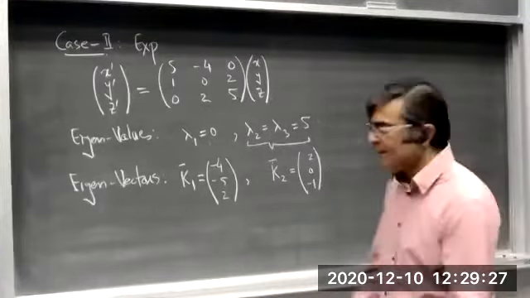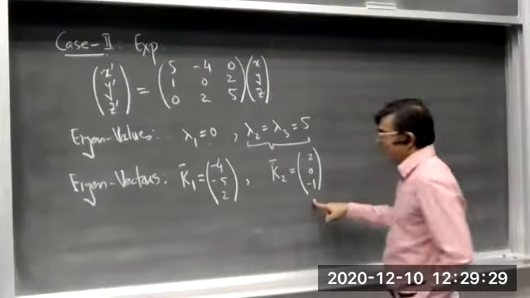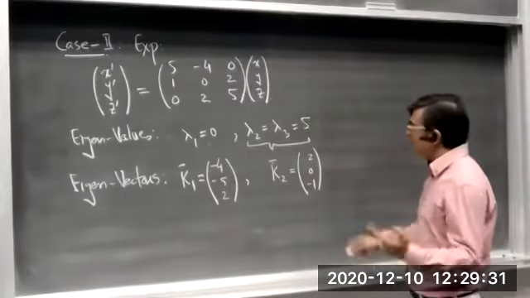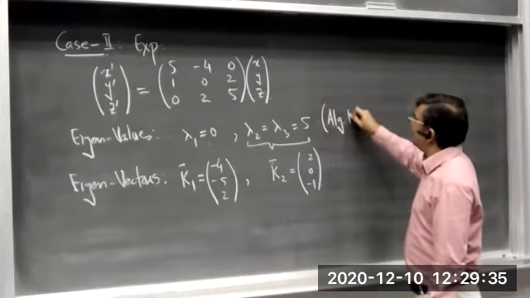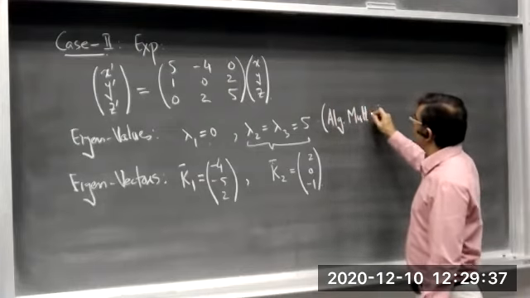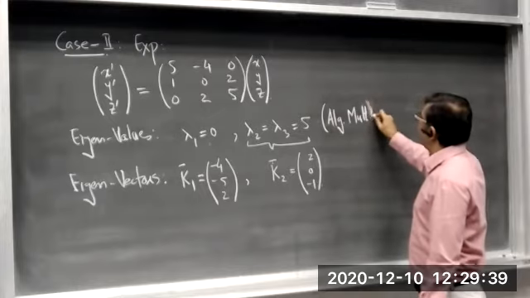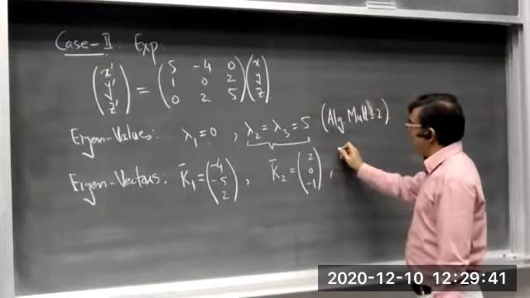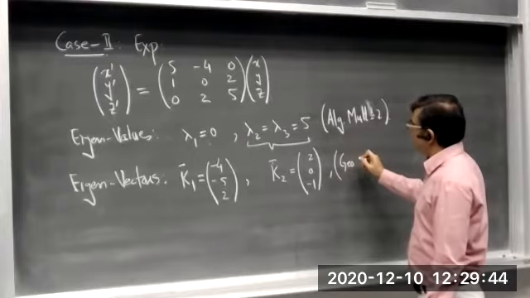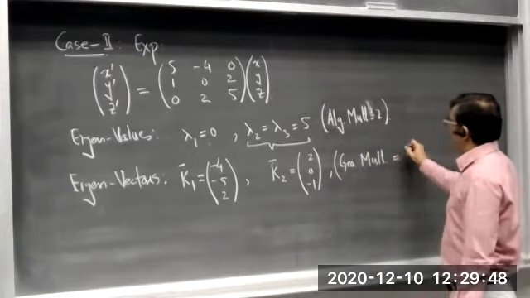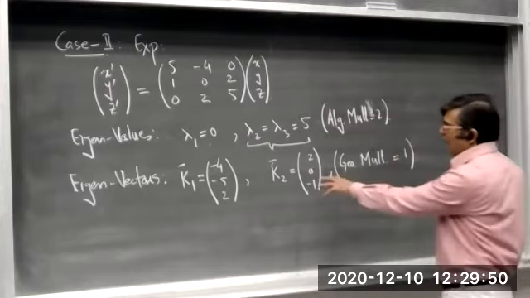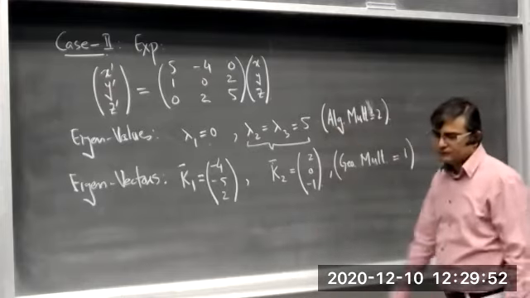Its geometric multiplicity is 1. Its algebraic multiplicity is 2, whereas its geometric multiplicity here is 1, because we have only one eigenvector.